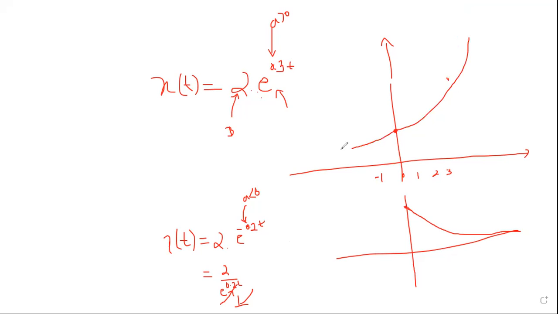On the left side, we'll have a decaying exponential. For a greater than 0, on the right side we have a growing exponential, on the left side we have a decaying exponential. For a less than 0, on the right side we have a decaying exponential, whereas on the left side, we have a growing exponential. Okay. So are we cool?